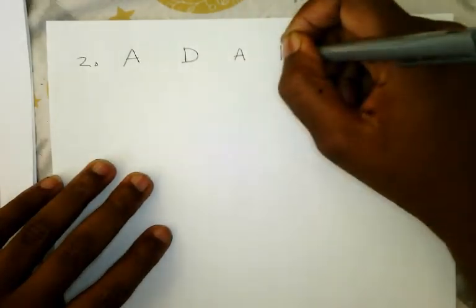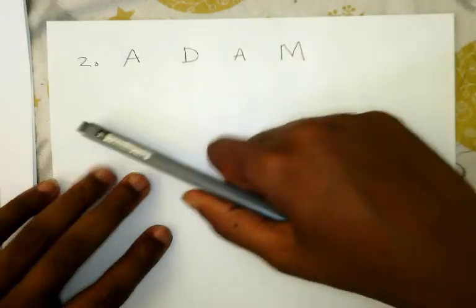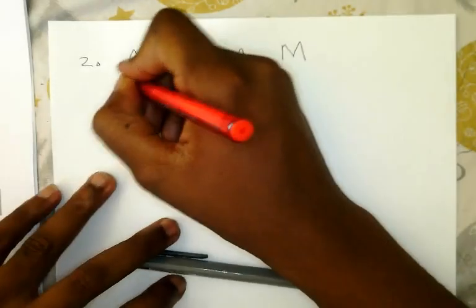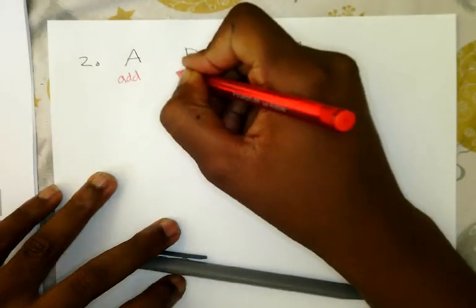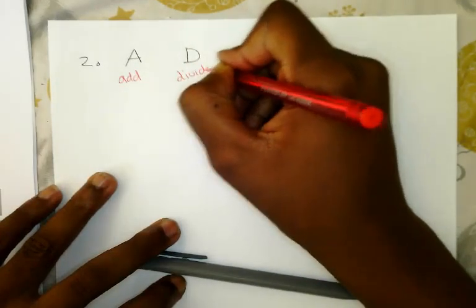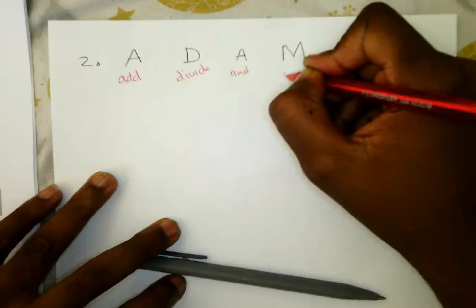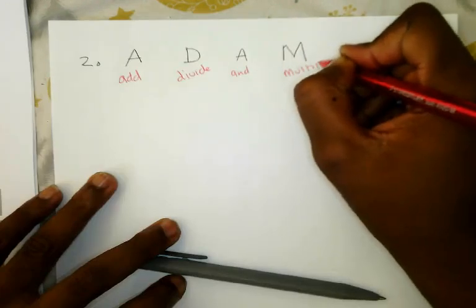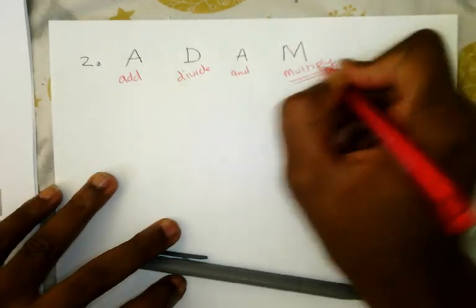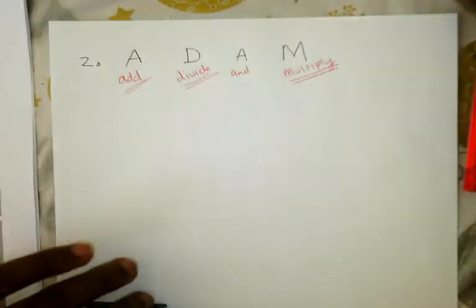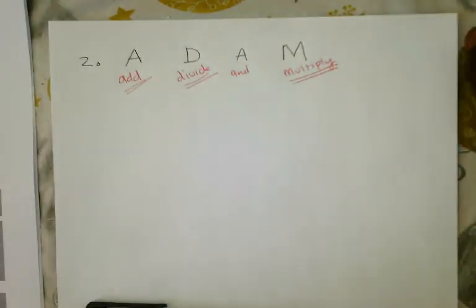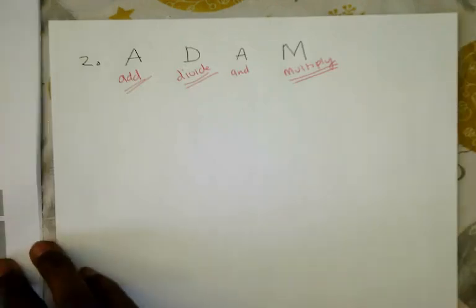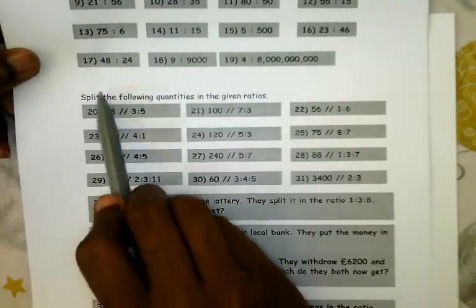The other method says the first step you need to add, then you need to divide, and multiply. So you do 3 steps when you are splitting. So the first question says split 48 in the ratio 3:5.